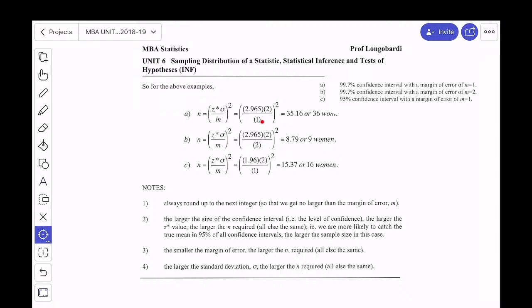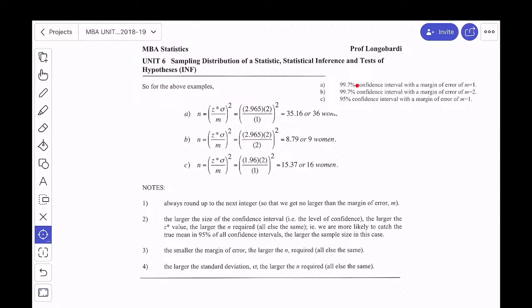So this one is level of confidence 99.7, and as well, this one is 99.7. But what I change from here, I use sigma of 2 because that can't change. I don't get to choose that. That's a given. But I can choose the margin of error I want. So this one I'm going to let it be tighter with 1, but this one's a little bit bigger with 2. So how does that affect things?